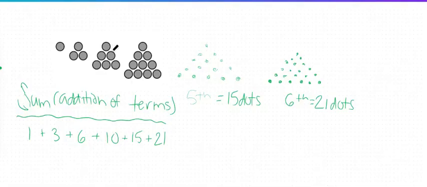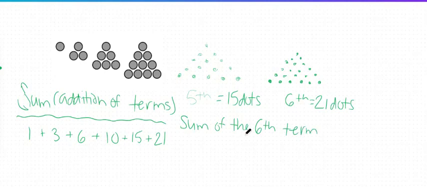Those are all the dots from our drawing, up to the sum of the 6th term. So when I add them all together, I get 56 dots. So what that tells me is that there are 56 dots drawn out right now. For every pyramid that I draw, I'm adding those dots.